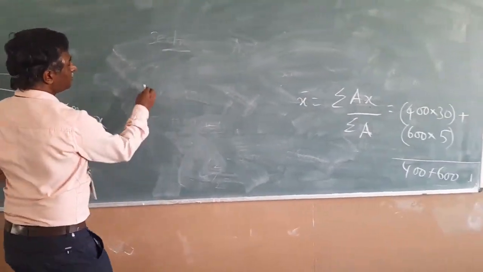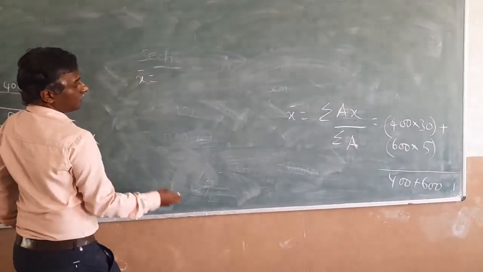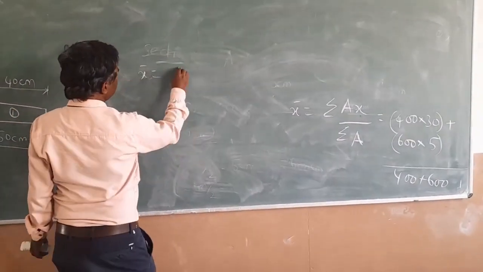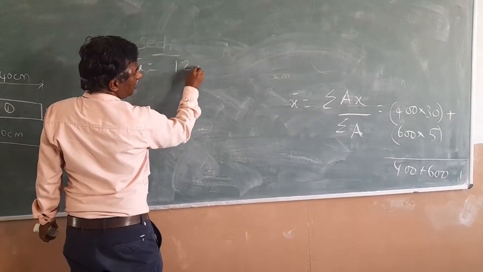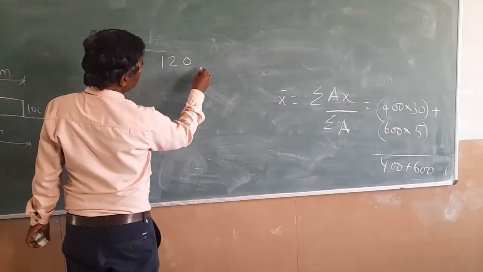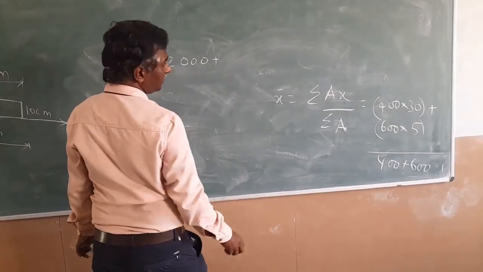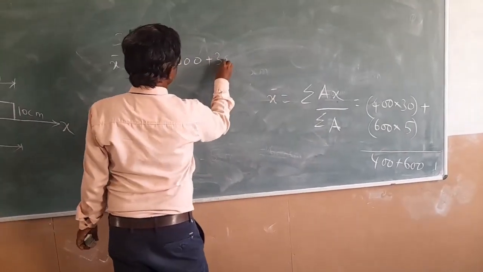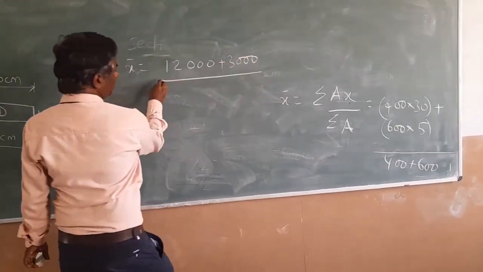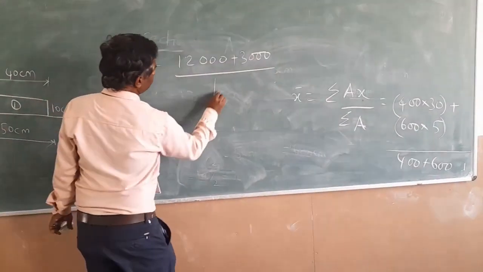So x bar equal to 400 into 30, which is 12,000, plus 600 into 5, which is 3,000, divided by 1,000.